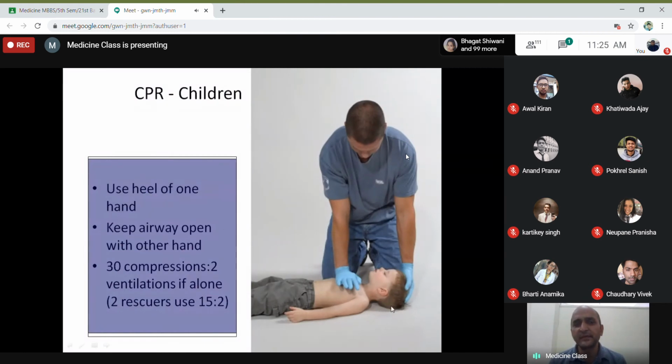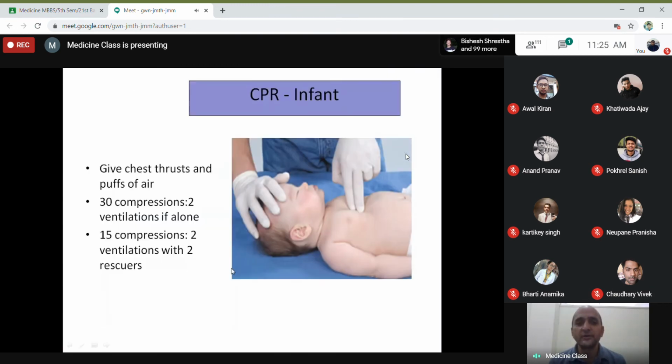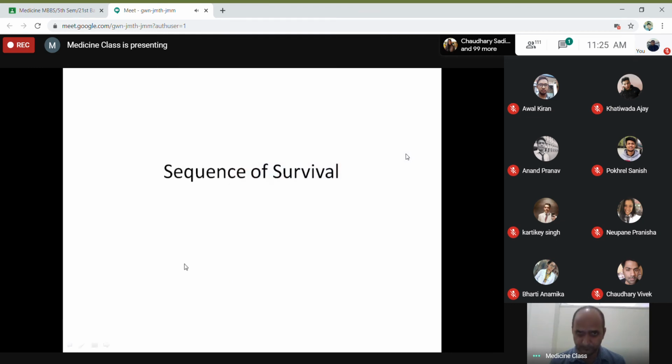If the patient is a child, use a single heel of the hand, again 30 compressions and 2 ventilations. If you are 2, one continues compressions, another does ventilation. For an infant, start with your fingers, and 30 compressions with 2 ventilations again.